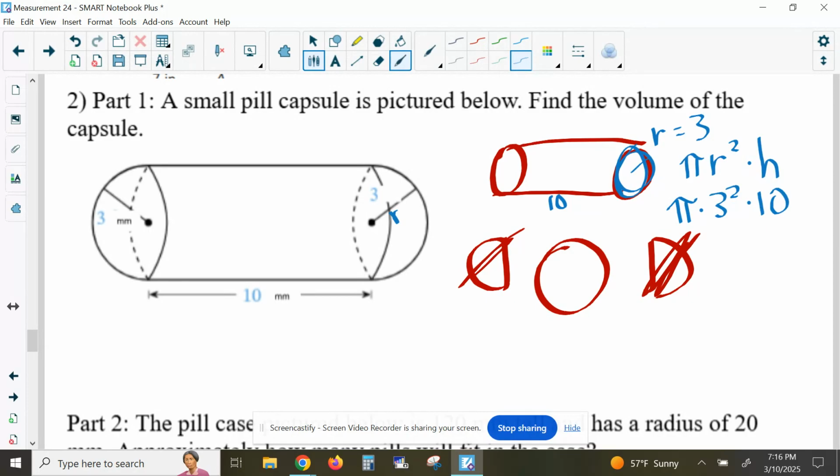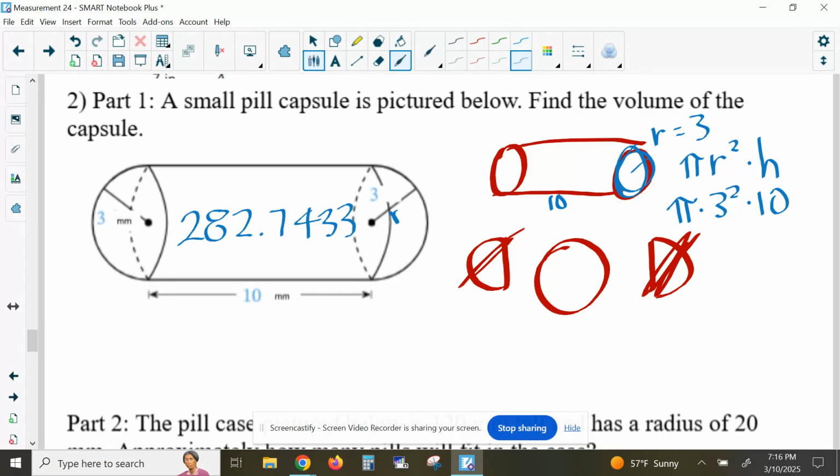I'm going to keep a lot of extra digits, kind of like how we did sine, cosine, tangent. Keep lots of digits until you round your final answer. So I have 282.7433. I'm going to leave it like that right now, because that's the cylinder.